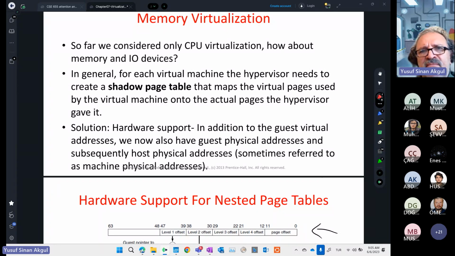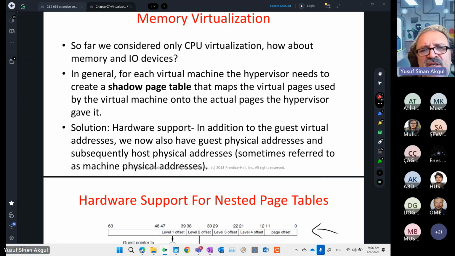How about the memory? Memory has to be virtualized too. How do we do the virtualization? Well, we know that for the memory, we're already using virtual memory. There is a page table for each process, and the operating system has a page table too. Page tables and virtual to physical address translation are handled by the hardware.